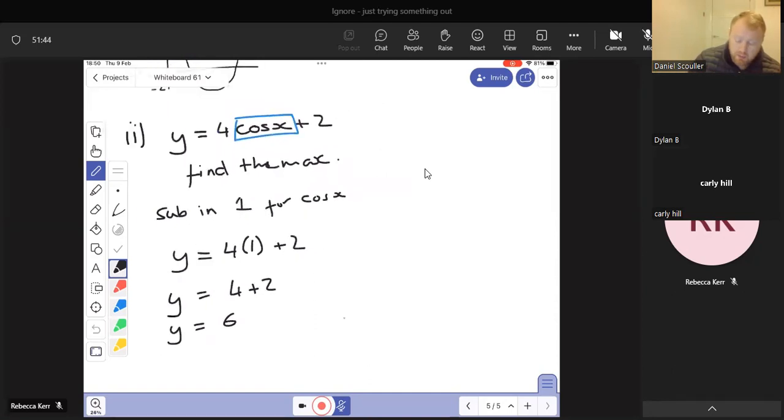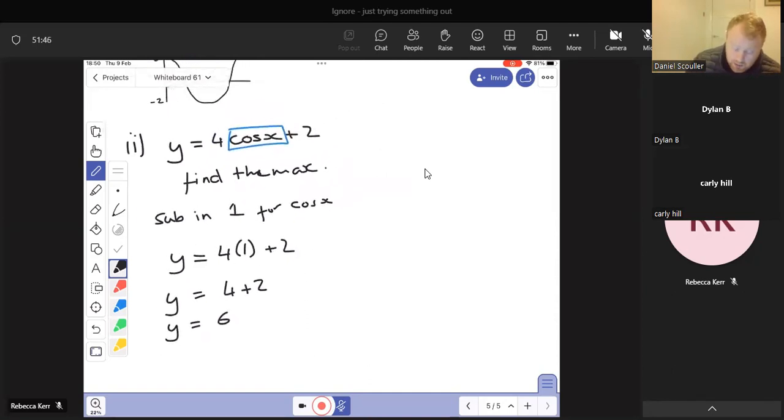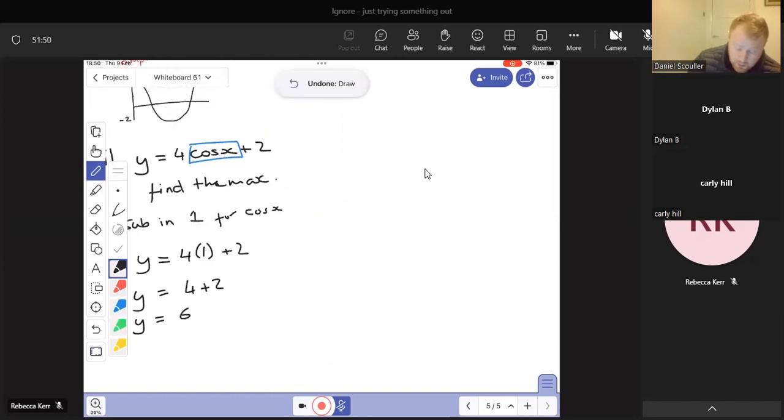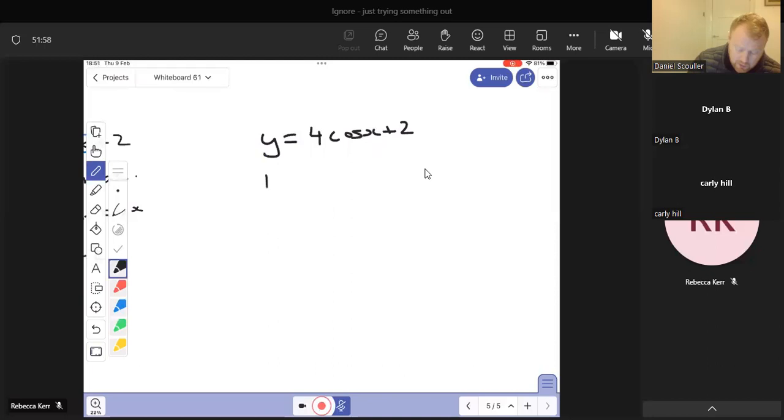We can also do that with the minimums. So if we were asked for the exact same question, but we were asked for a minimum, so y equals 4 cos x plus 2, and we were asked to find the minimum.